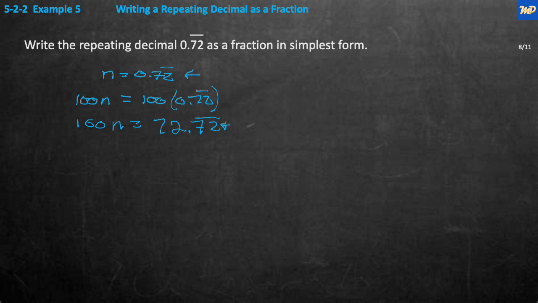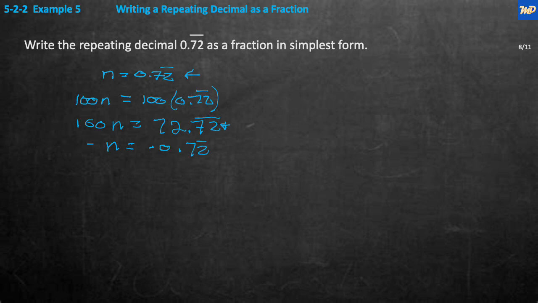In order to do that, I'm going to subtract n from 100n. So when I subtract n from 100n, so here's minus n, minus 0.72 repeating. Okay?